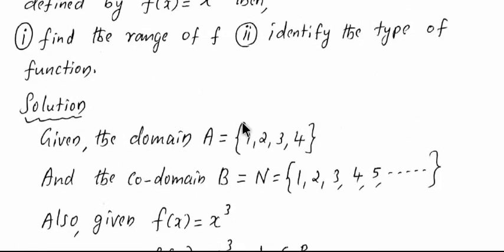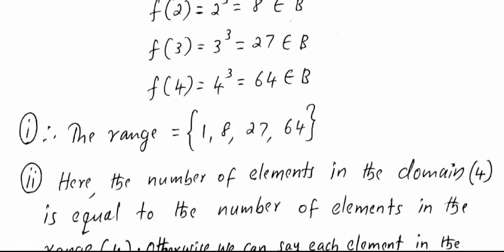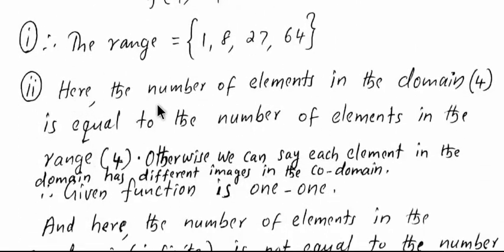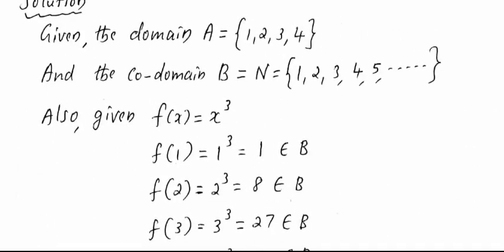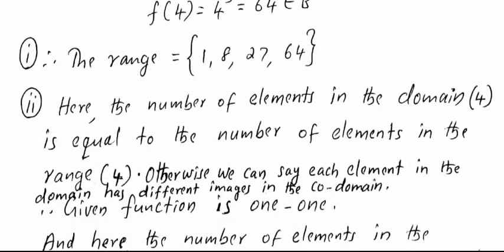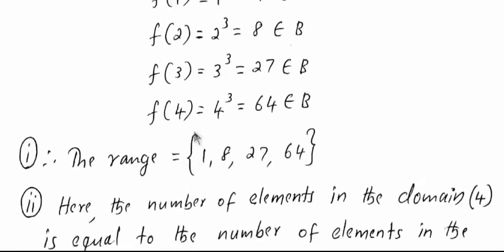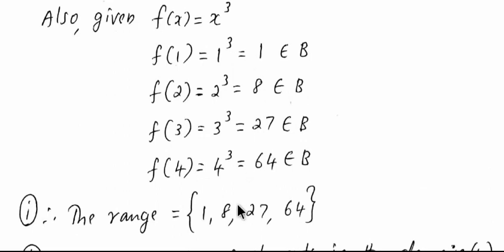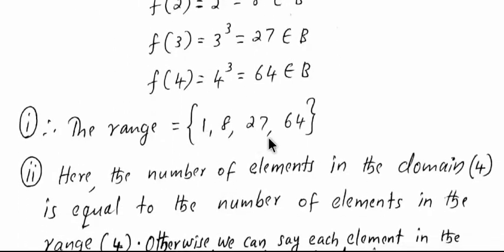And what is the second question? The second question is to identify the type of function. We have to find the type of function. Here the number of elements in the domain is 4. The number of elements in the range is also 4.